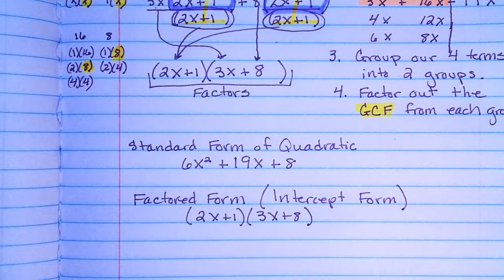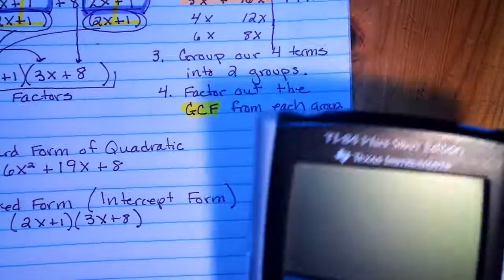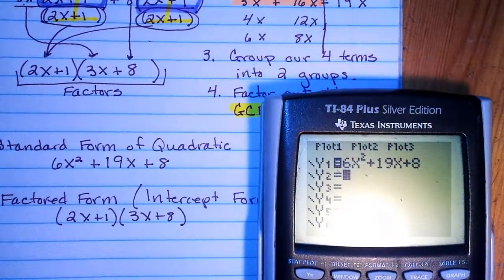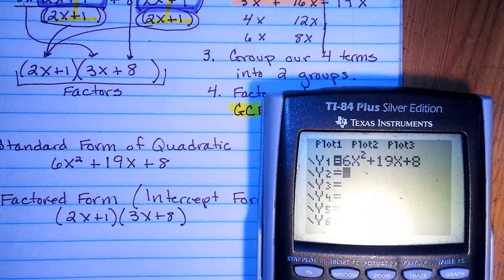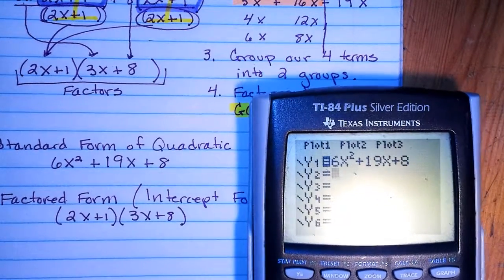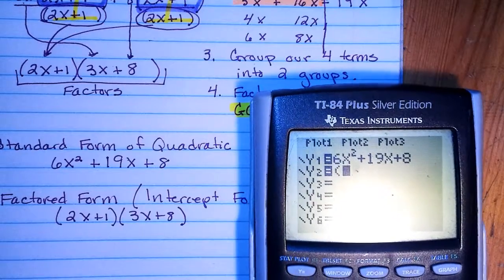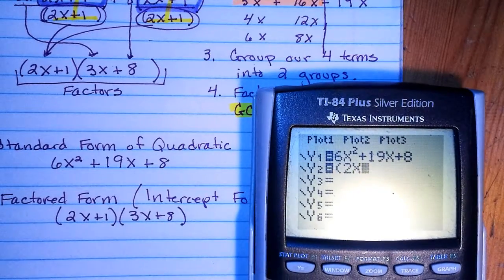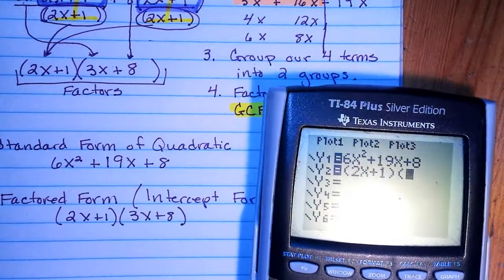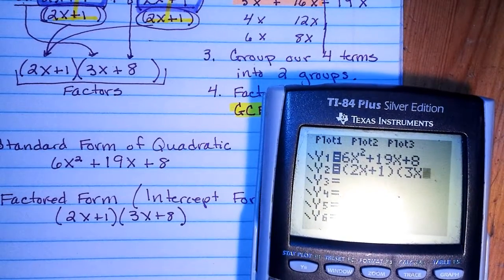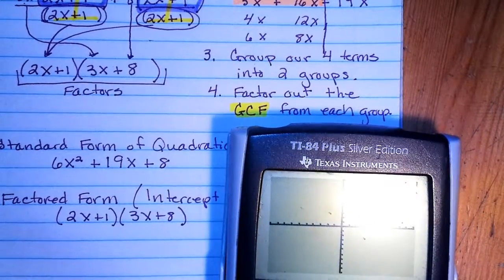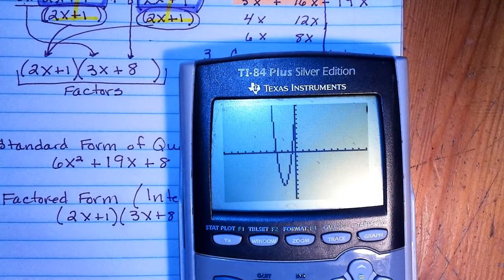So when I check, I can check using my calculator, I can check using the Desmos calculator. If I put 6x squared plus 19x plus 8 in my y equals, and then I put down my factor choices, 2x plus 1 times 3x plus 8, and I look at the graph, they're going to graph exactly the same.